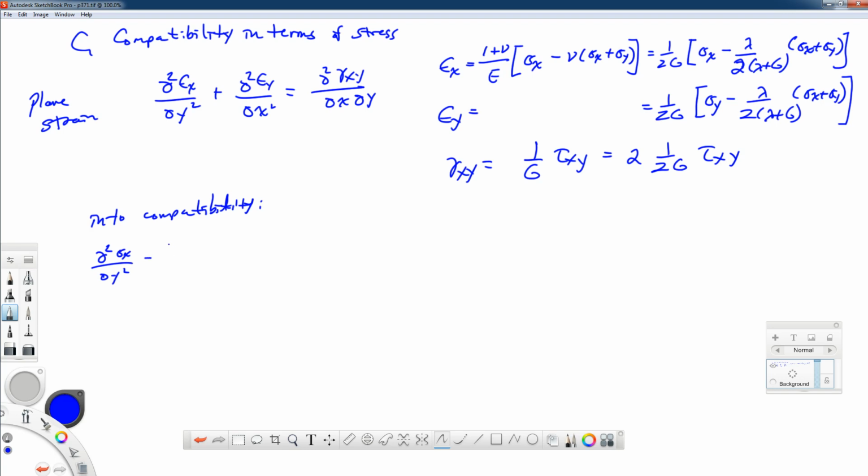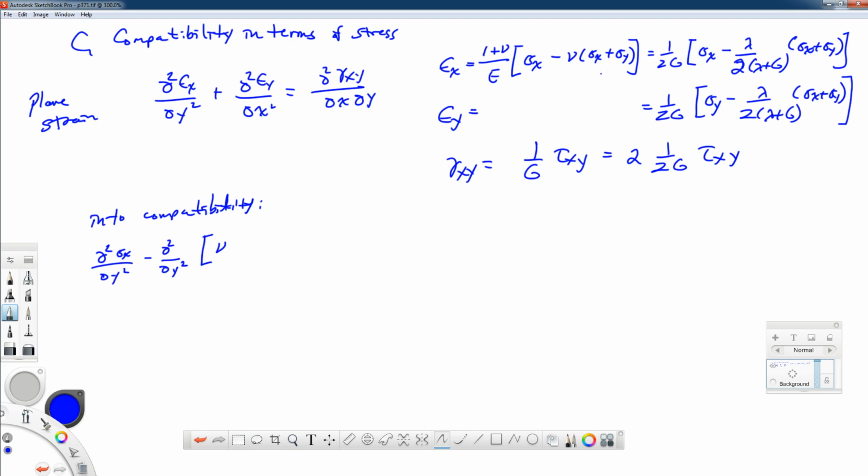minus the second partial of the term I'm going to write down next, we have a lambda over 2 lambda plus G times sigma x plus sigma y. I'm going to rewrite that in a slightly different form, and what we'll have left is Poisson's ratio after we get rid of the 2G, Poisson's ratio times sigma x plus sigma y.